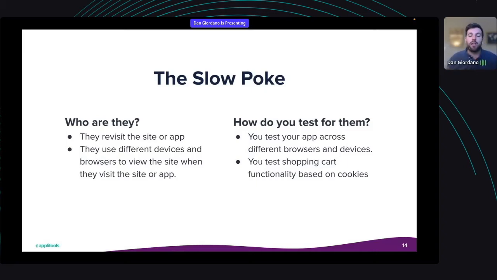They might click on an email that you send them for a shopping cart buyback. They might, again, look at something on a mobile device, go back on their desktop, add things over time to your shopping cart. So these people will really stress test the different scenarios that need to be tested and the state of your application. So this is what we were talking about before.